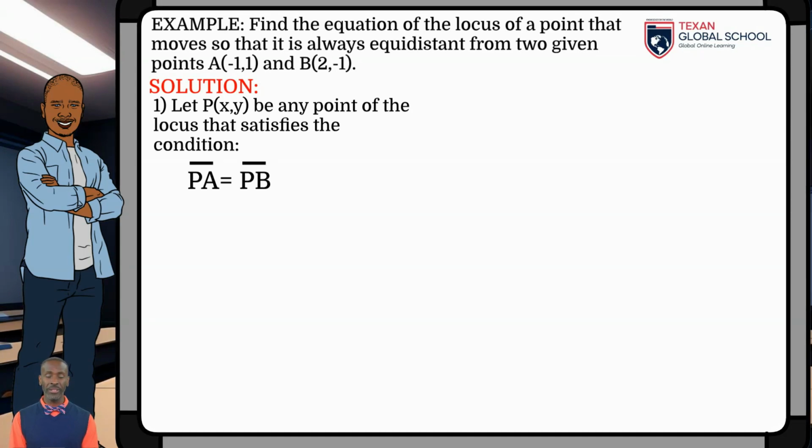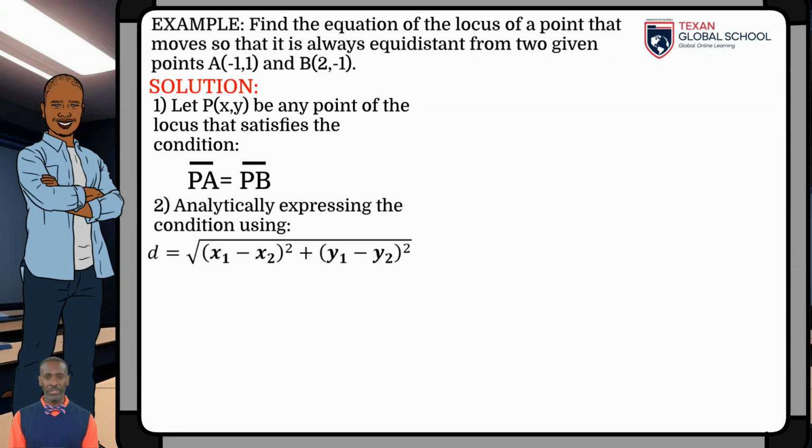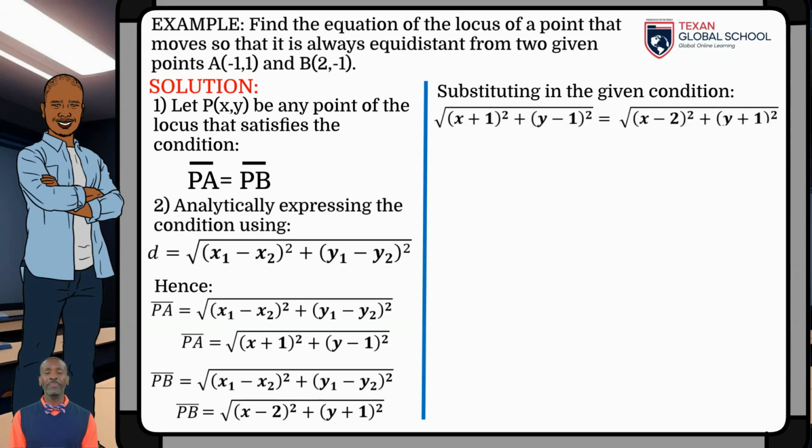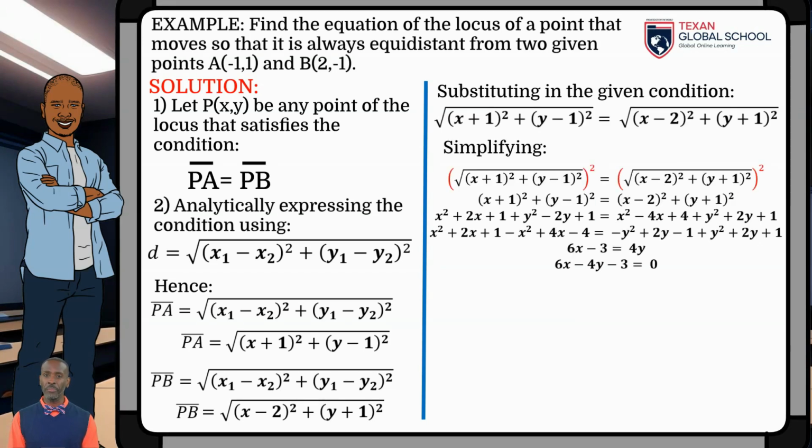This point P must satisfy the condition that the segments PA and PB must be equal in length, that is, equidistant.